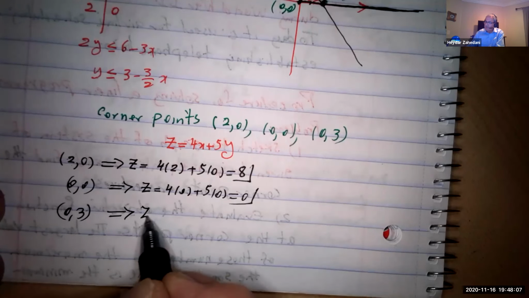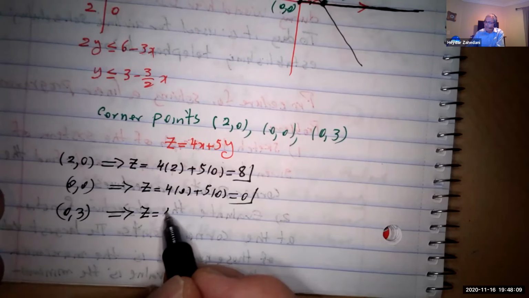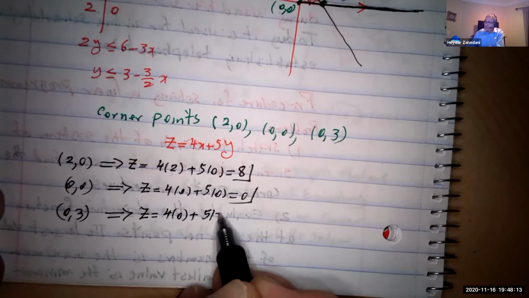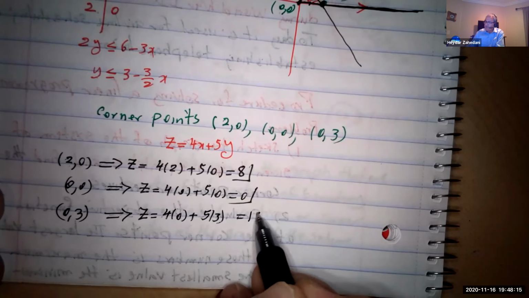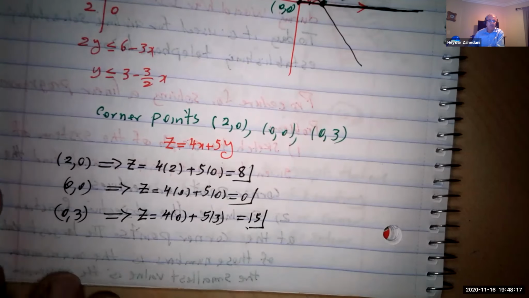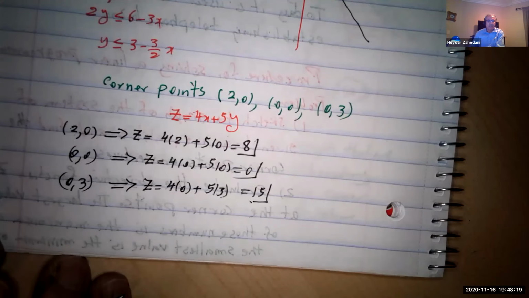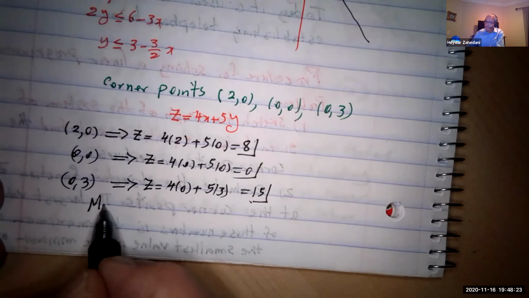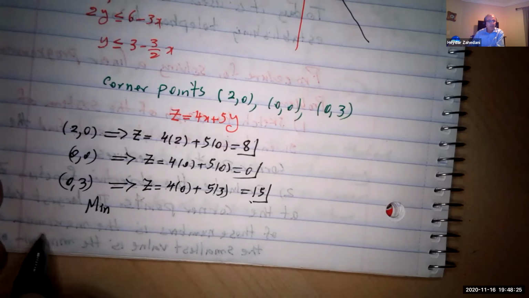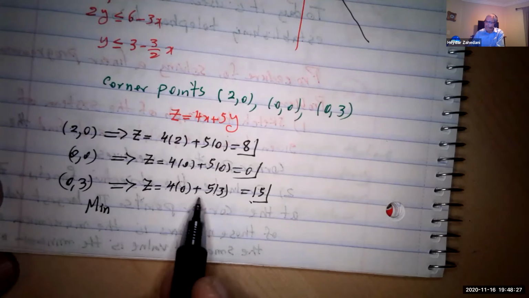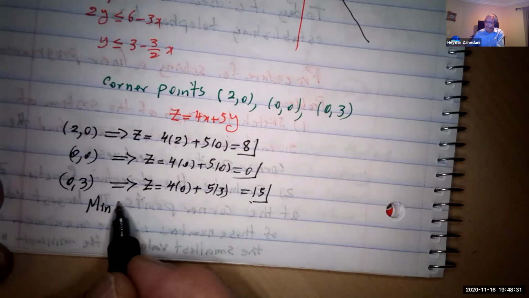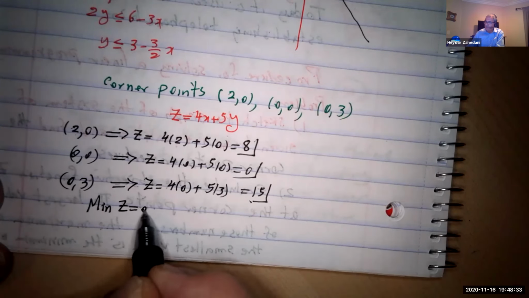So this is going to be 4 times 0 plus 5 times 3, which is equal to 15. Okay, so that's it. So the minimum of z is going to be 0.